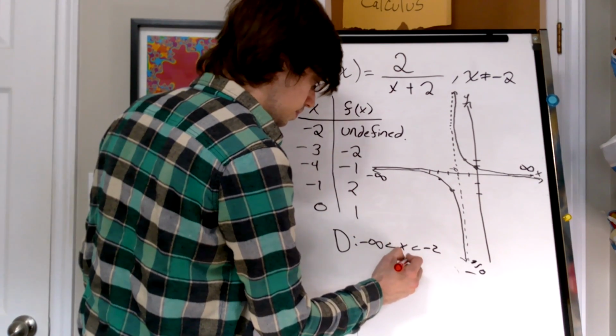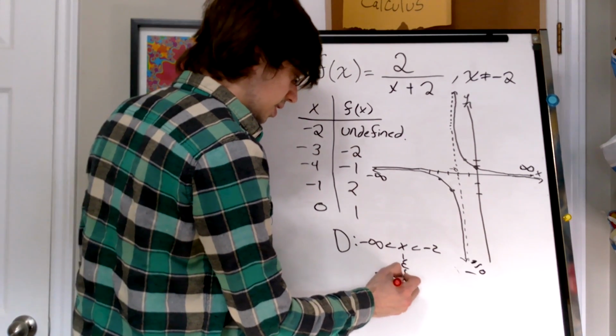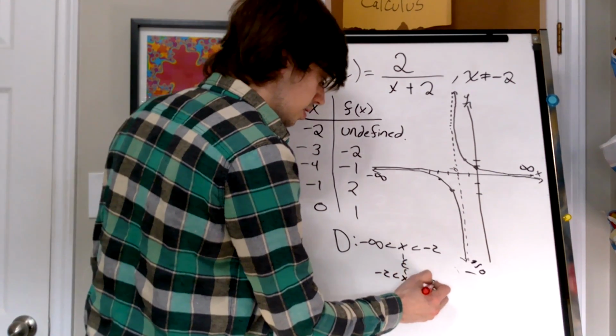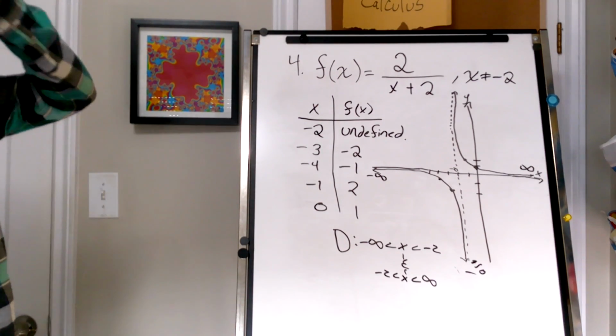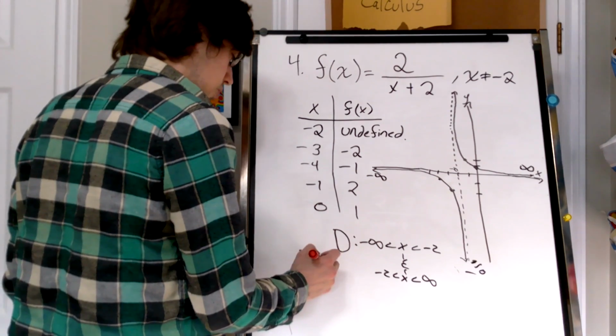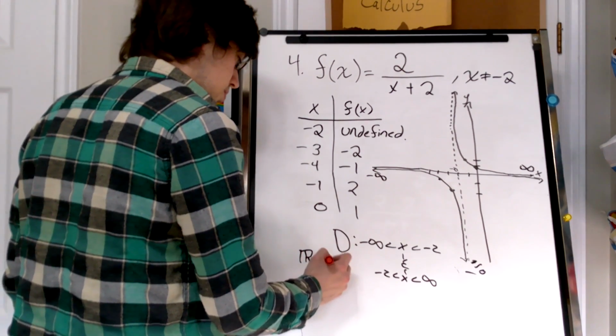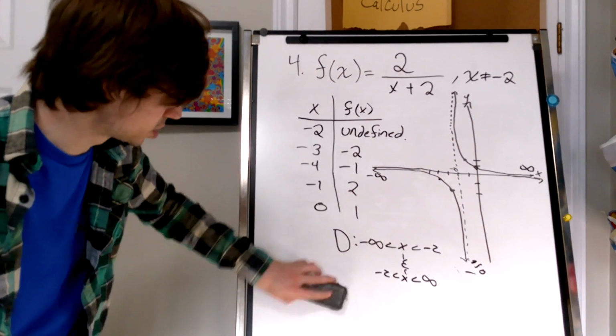And -2 is less than x, which is less than infinity. Or you can even shorthand all real numbers except x cannot equal -2. It's not really all real numbers.